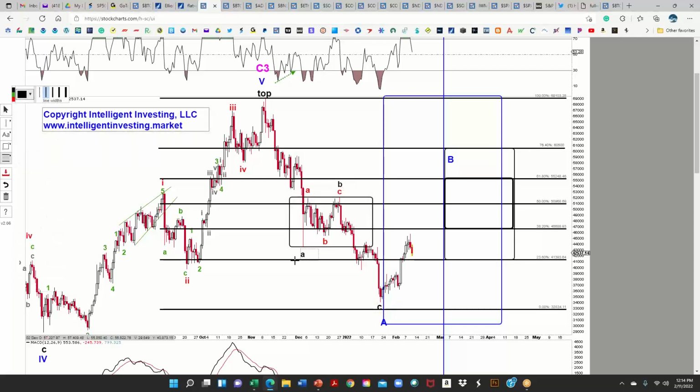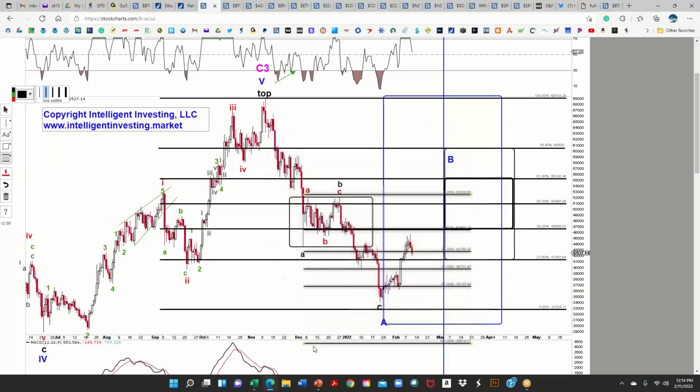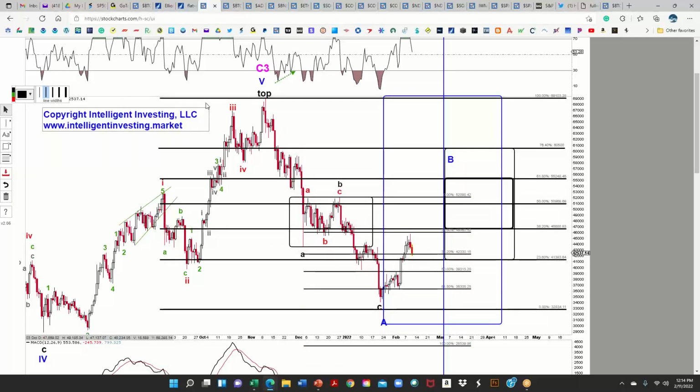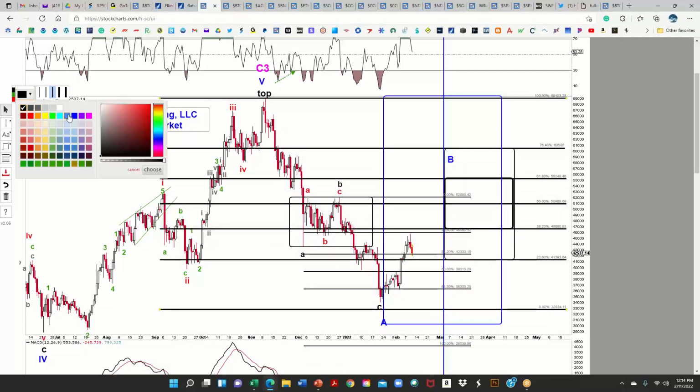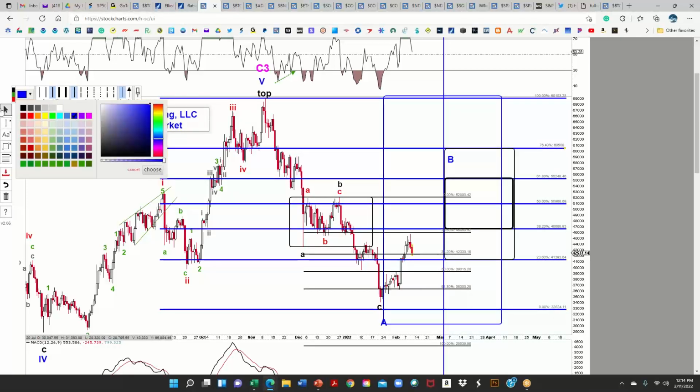We also know that C and A waves have nice Fibonacci relationships with each other. Now let's have a look here. I'm actually going to change the color of this one to blue, so we have a nice similar color. Okay, there.